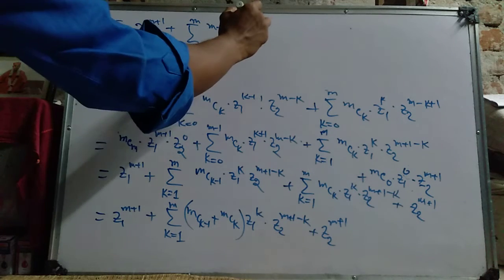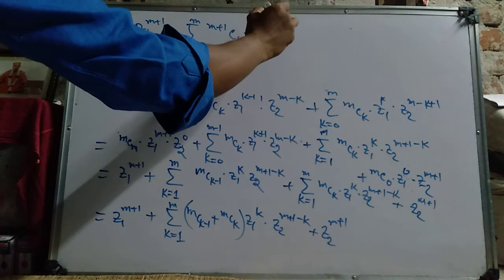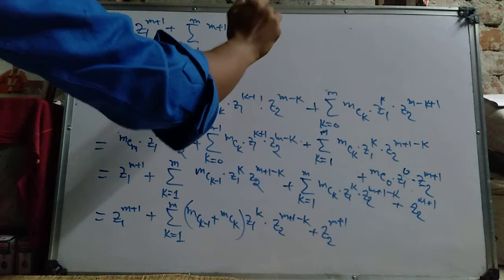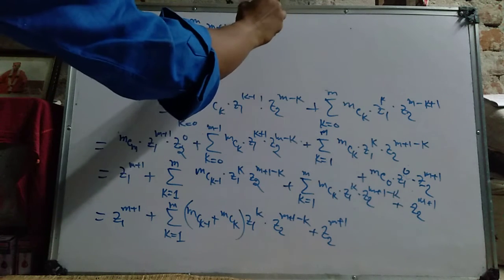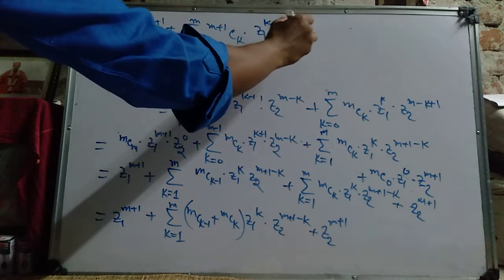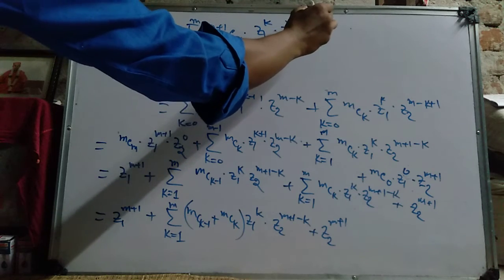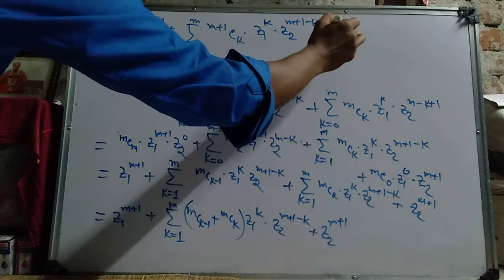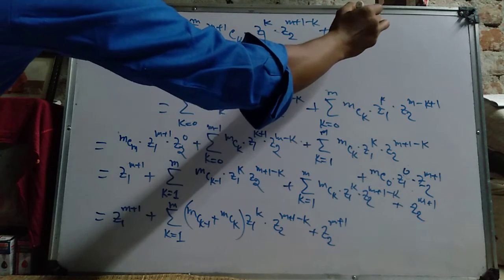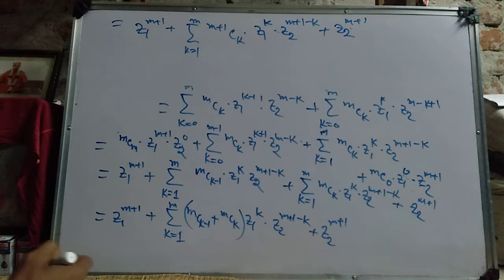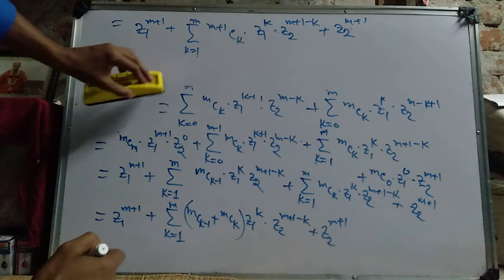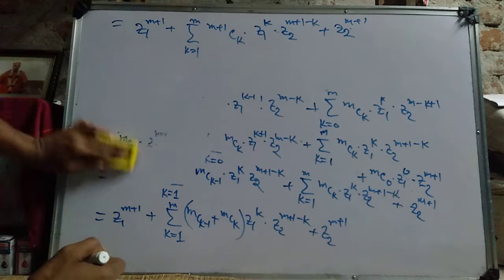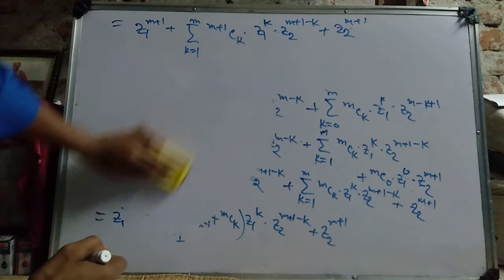Then z1 to the power k, sorry, and z2 to the power m plus 1 minus k, plus z2 to the power m plus 1. Then we erase that portion and go on to further discussion of that.